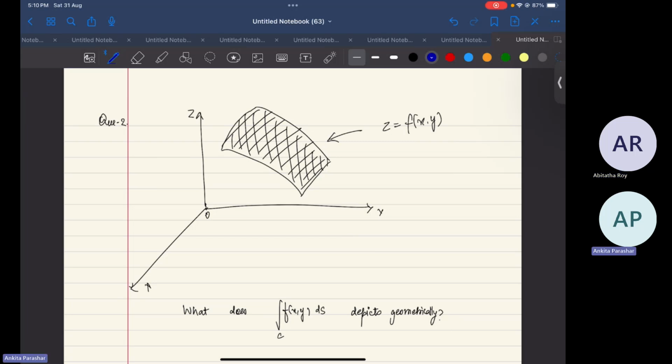So here is another question. We have this graph which I have drawn in the xyz plane, where I have one function. If somebody asks you about this integral of f(x,y) ds over the curve C, suppose I give you a curve also. Let me draw the curve.